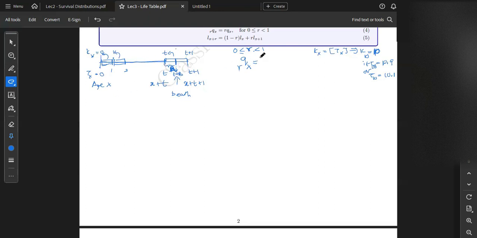Using this diagram, we can say Tx is less than or equal to R if death occurs within this interval.